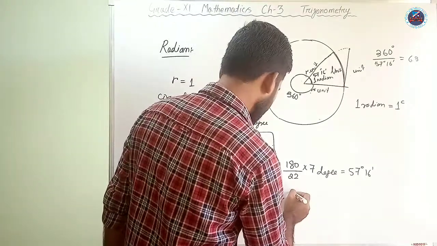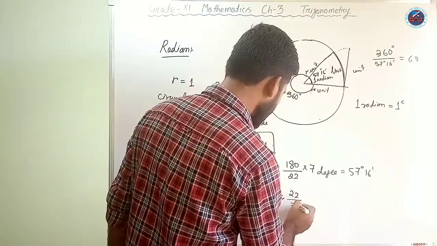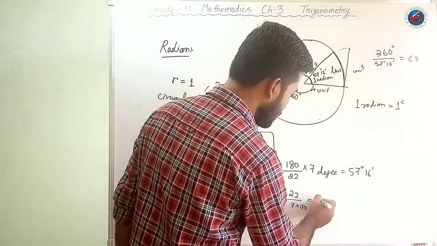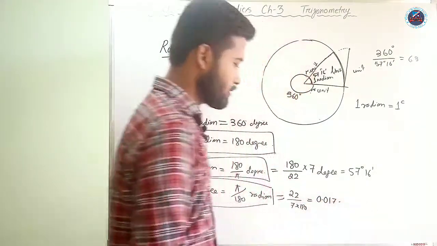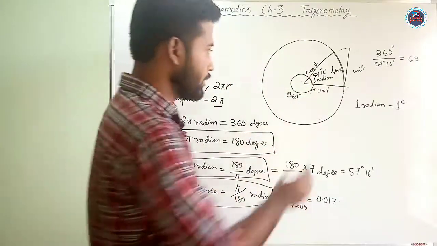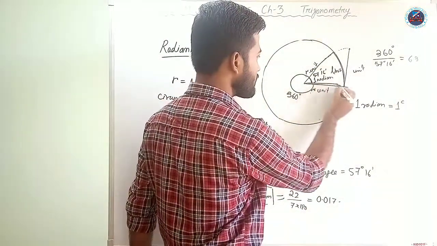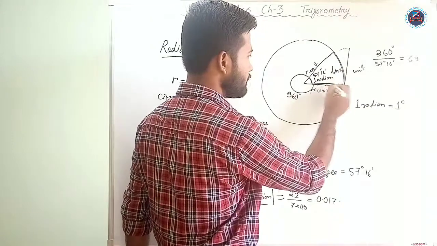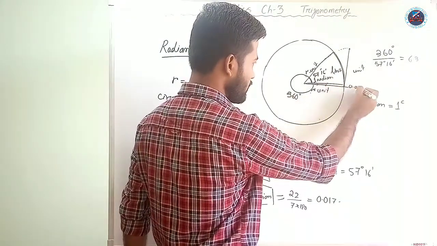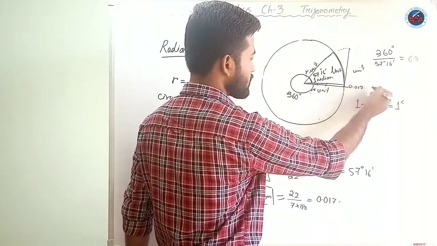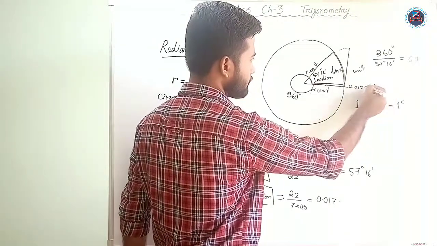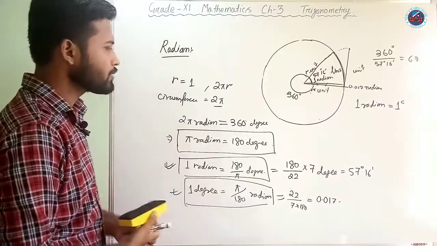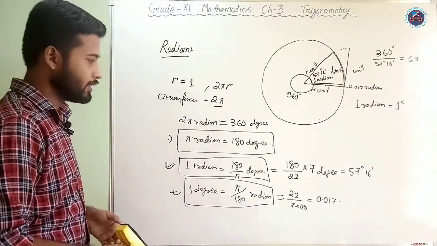If you calculate this, it will be 22 by 7 into 180, which is equal to 0.017 something. So a very small radian. That means if this is 1 degree, that will be approximately 0.017 radian. So that is the whole concept about radian and degree.